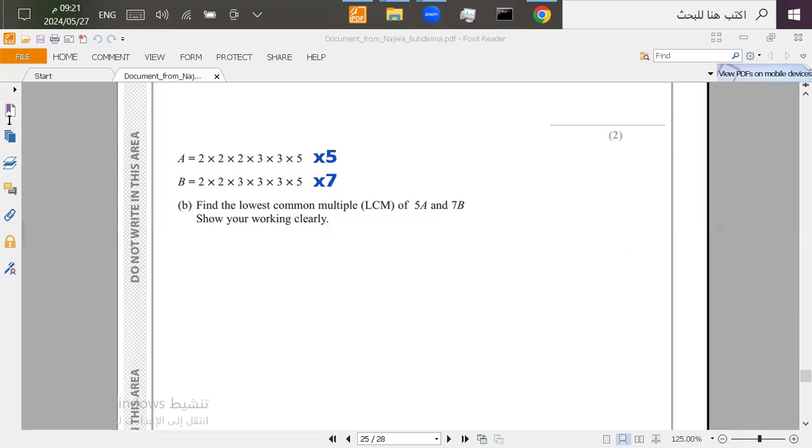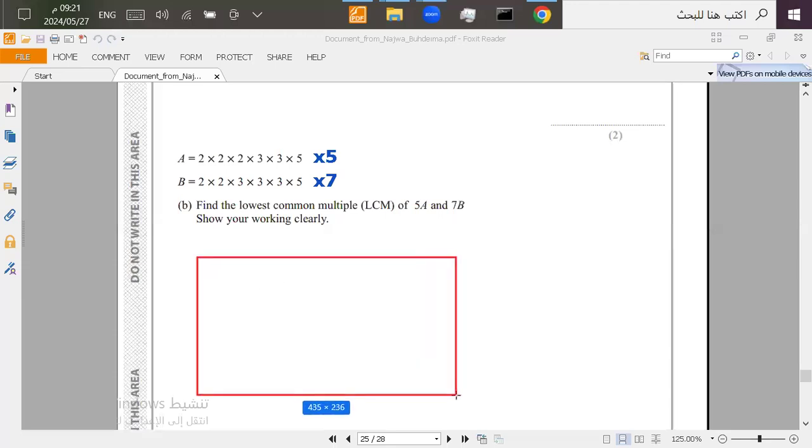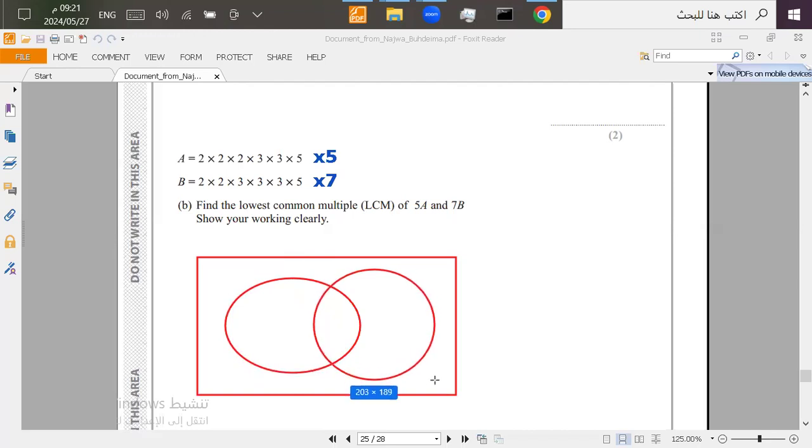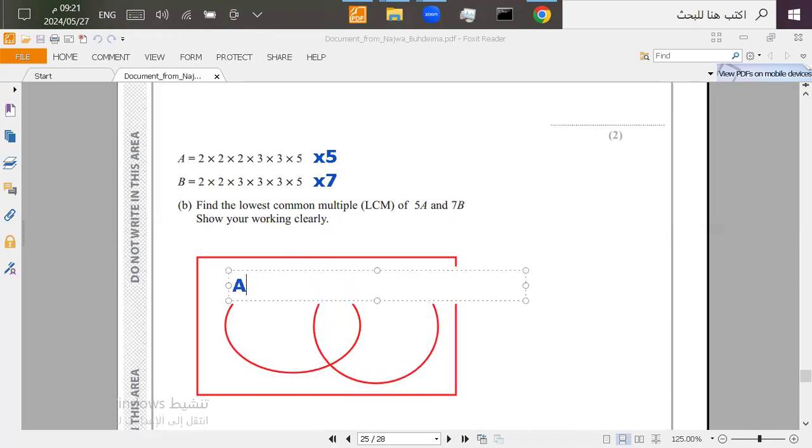Now, we're going to put these numbers in a Venn diagram. It's going to make it easy for us to find the lowest common multiple. Let's say this is A and this is B. First, let's take the common ones and put them in the middle between them.